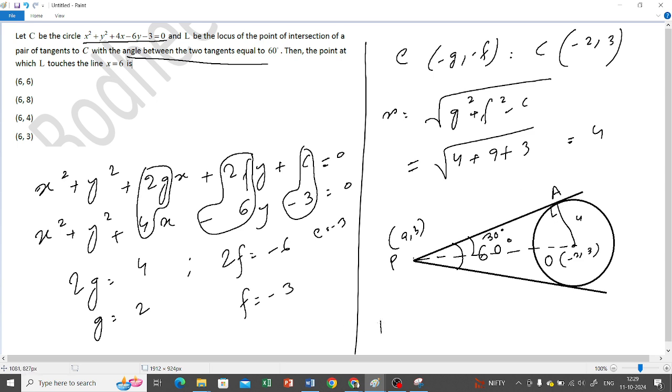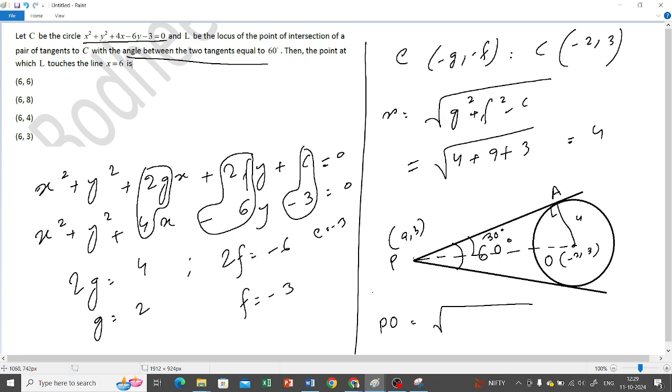So what I'm going to do is apply the distance formula. What is going to be the length of PO? Do you know the distance formula in coordinate geometry? This particular sum is a combination of geometry and coordinate geometry now.